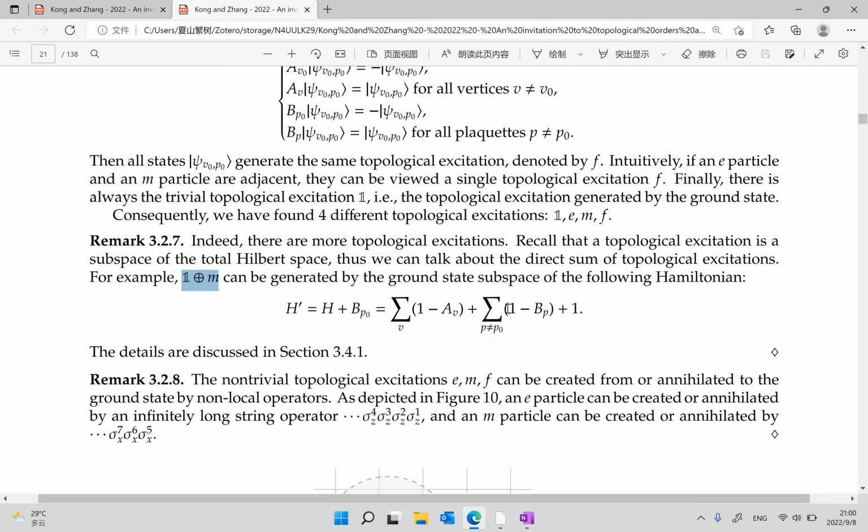You say it should be 1 minus BP, so if you add BP, it becomes 1. So in this case the BP can be either minus 1 or plus 1.